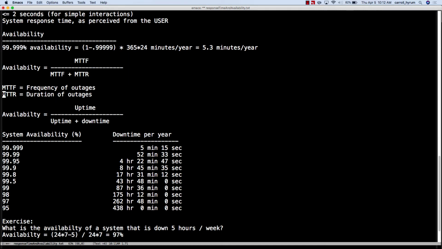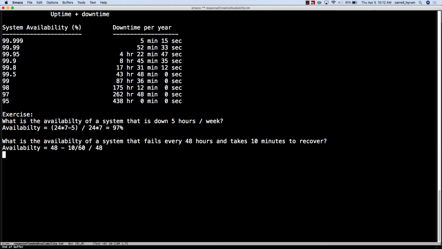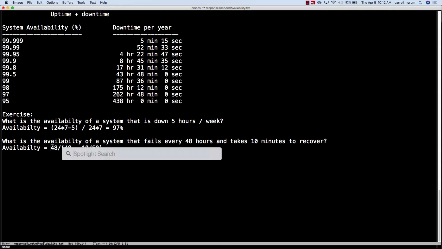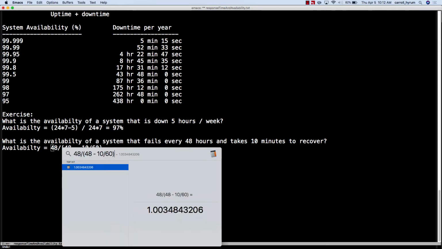So the formula is uptime divided by downtime. So our uptime is 48 hours. Our downtime is 10 minutes. Okay? So you're close. No, then it should be 48 plus... yes, sorry.